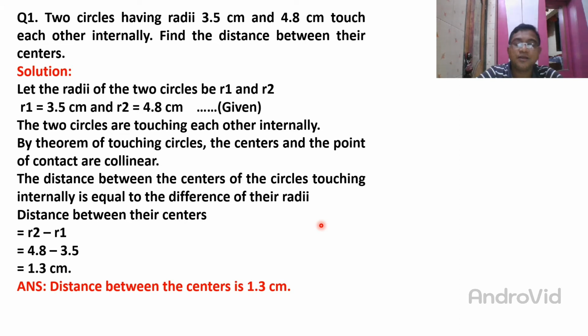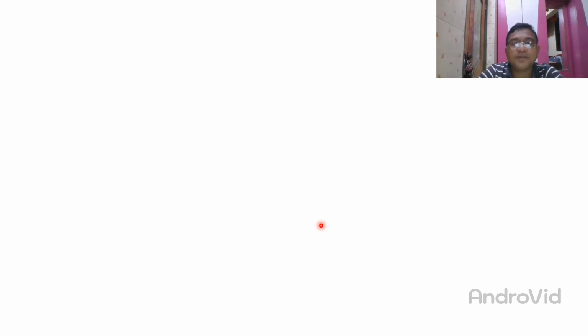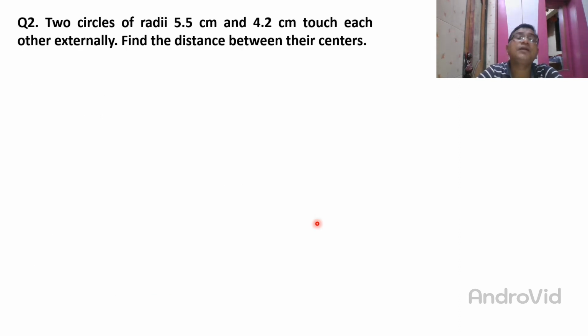Is that clear? Then problem number 2: two circles of radius 5.5 centimeter and 4.2 centimeter. They have two circles, the radius of the first circle is 5.5 centimeter and the radius of the second circle is 4.2 centimeter.